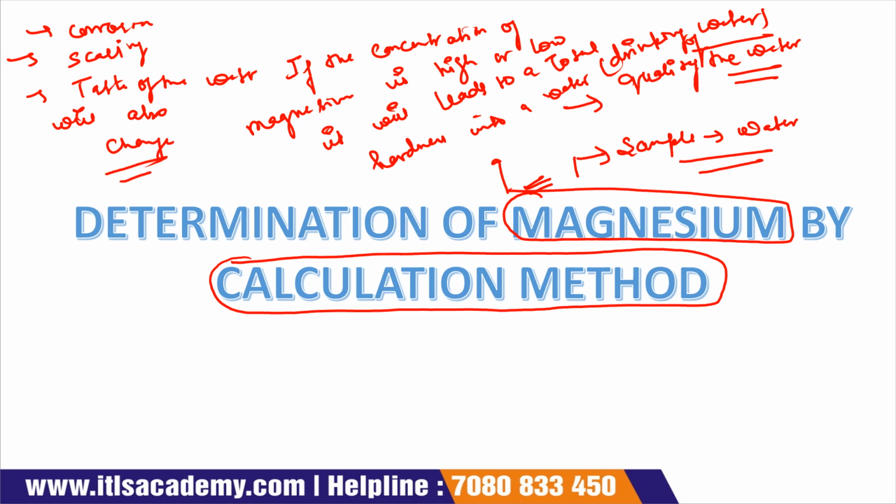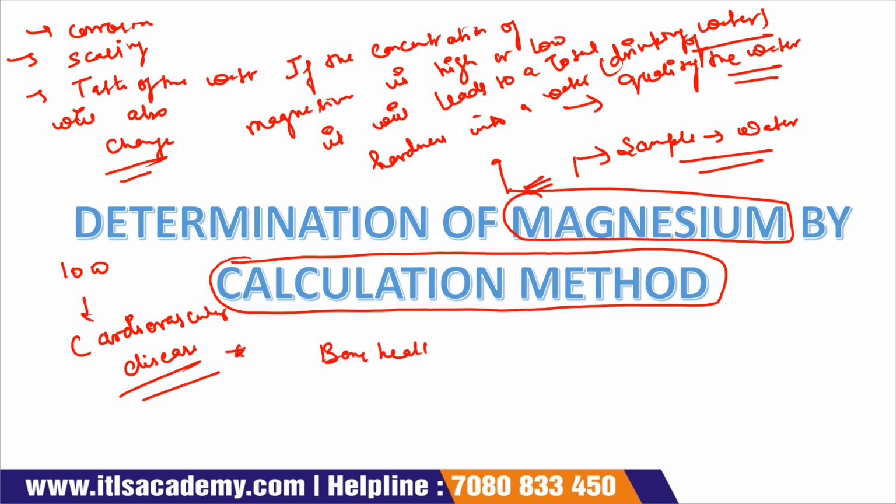Now, what is the impact on the human being of a higher or lower concentration of magnesium? If the concentration of magnesium is low, then it will lead to cardiovascular disease, and the concentration of magnesium is also important for bone health.